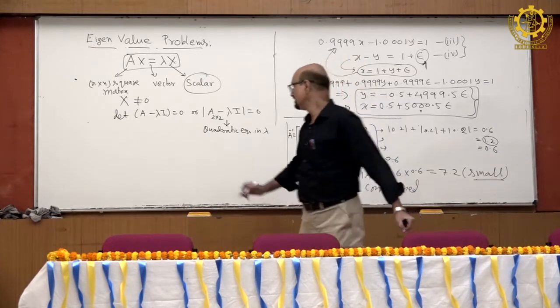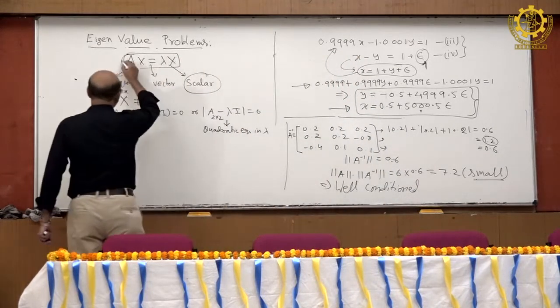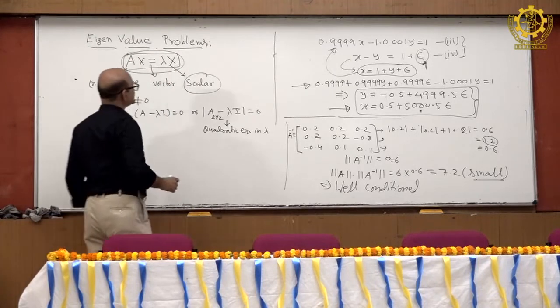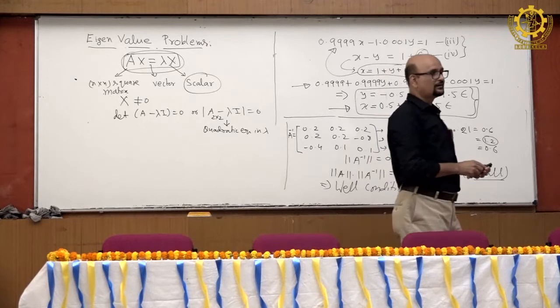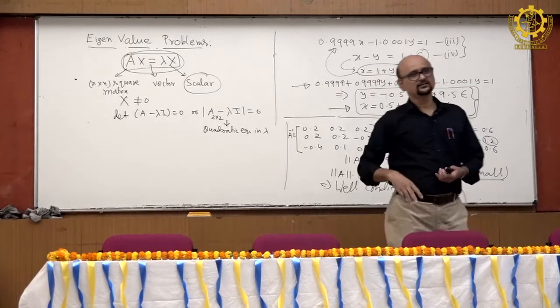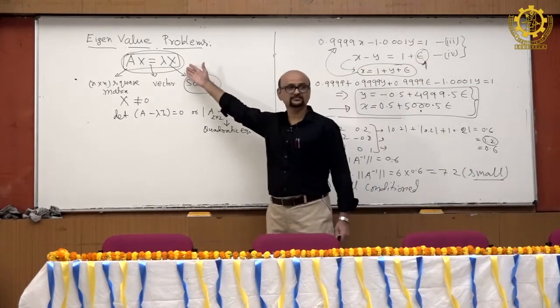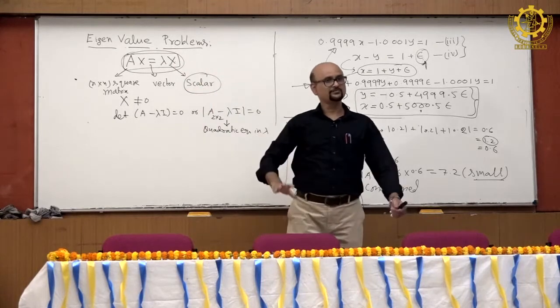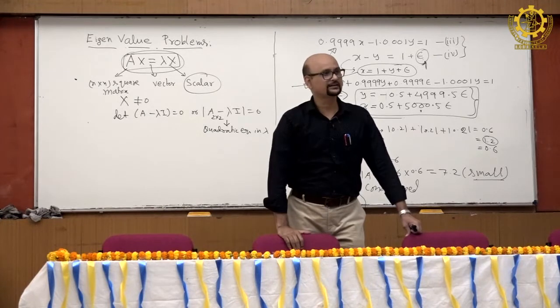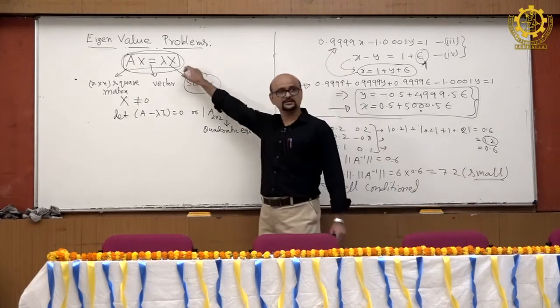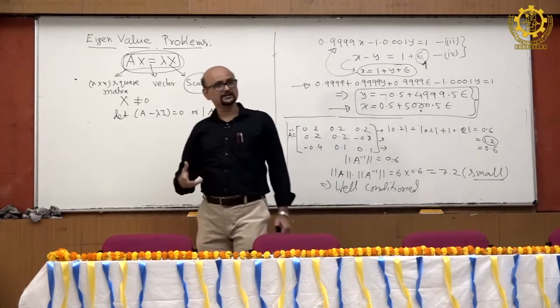Now, why do we want to study this A x equal to lambda x eigenvalue problem? For mathematics it is okay, but physically, from where do we get this A x equal to lambda x? For any application problem, can you tell where we come up with eigenvalue problems?